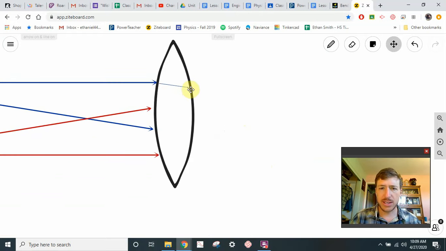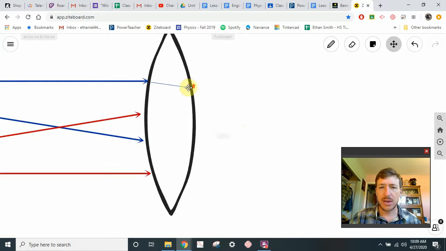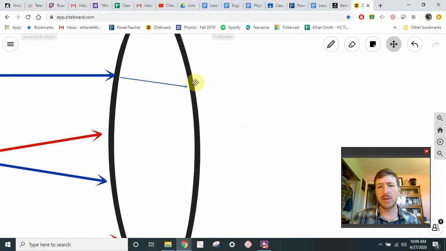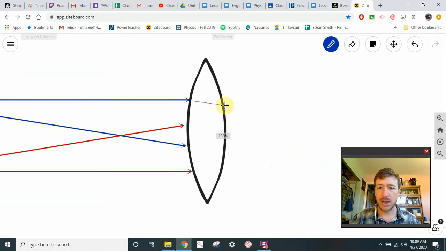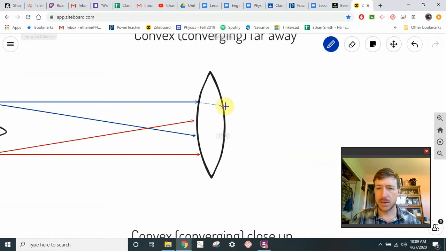So that goes there, and then it goes to this side, and the same thing happens. The left side hits the air first, so it starts to speed up, so it continues to bend to the right. We can analyze the same thing here.